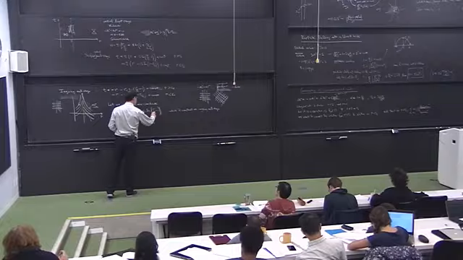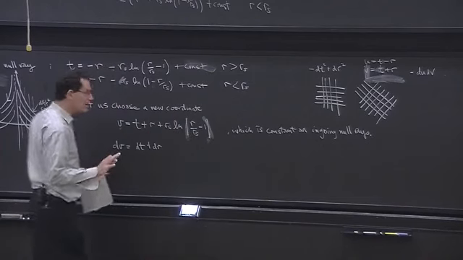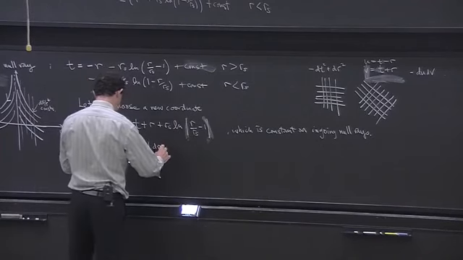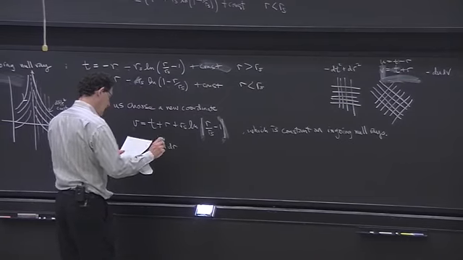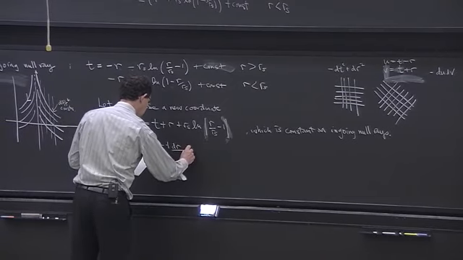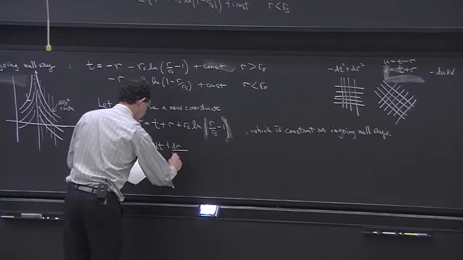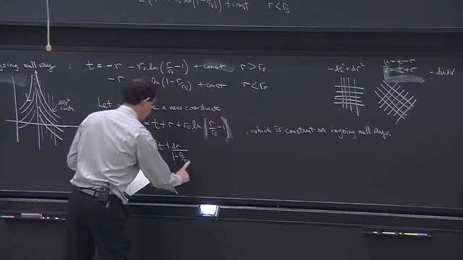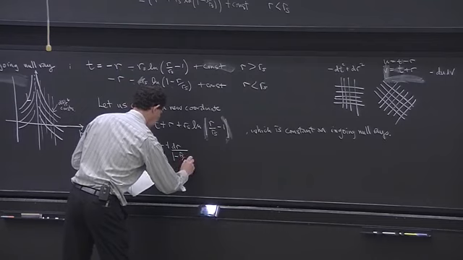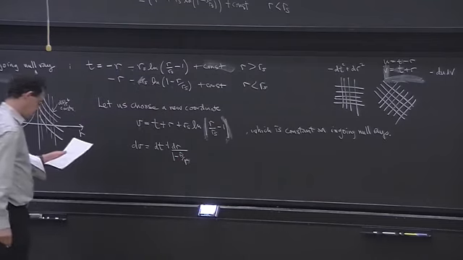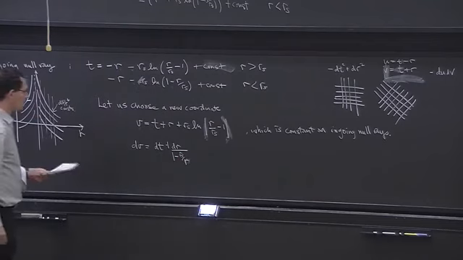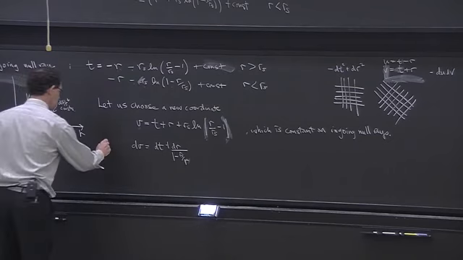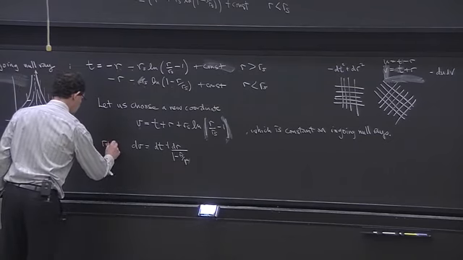When you differentiate this away from r_s, everything is hunky-dory. And differentiating the log, I just get, of course, dt plus dr over 1 minus r_s over r. So this is, of course, for r not equal to r_s.